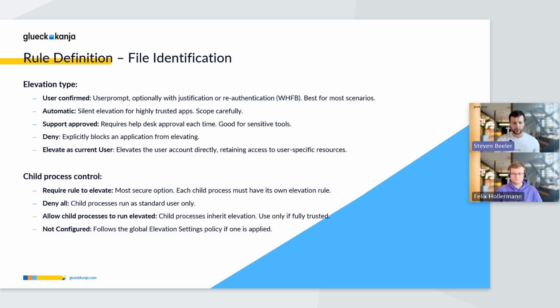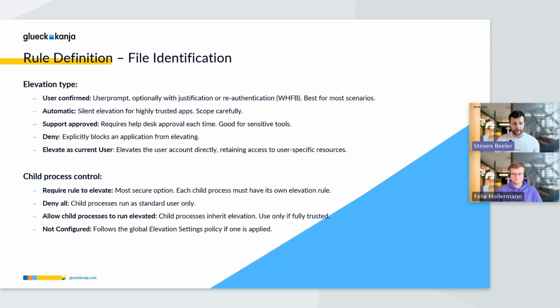The good part about this is you can still use the registry hive or other user-specific resources like mapped network drives, etc. We can also define this for the child processes of applications. So if you have an application that, for instance, has a child process like an auto update or a compiler or something similar, you can also define how this is handled.